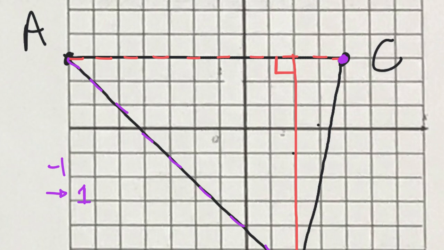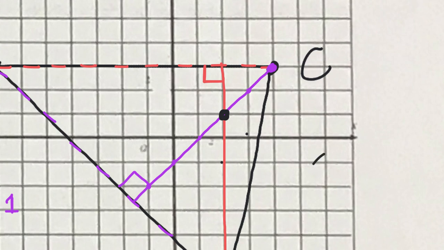From point C, I'm going to make a +1 slope, which is down 1, left 1, down 1, left 1, until I intersect my opposite side at AB. I know that's perpendicular because the slopes are negative reciprocals. Now of course I already see what this point of intersection is, right?